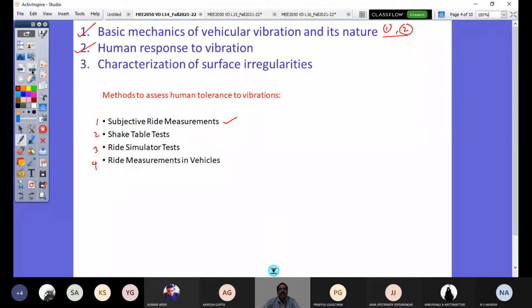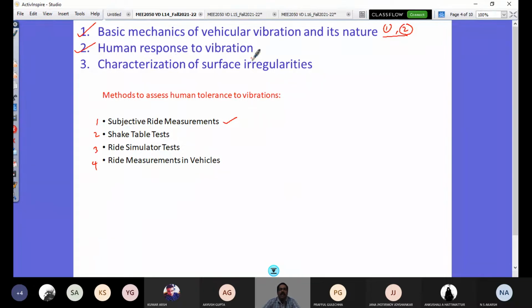And then we were to look at the human response to vibration and associated comfort boundary levels by SAE standard or ISO standards. And today's class is going to complete the third part of the main objective of our ride dynamics, that is characterization of surface irregularities.